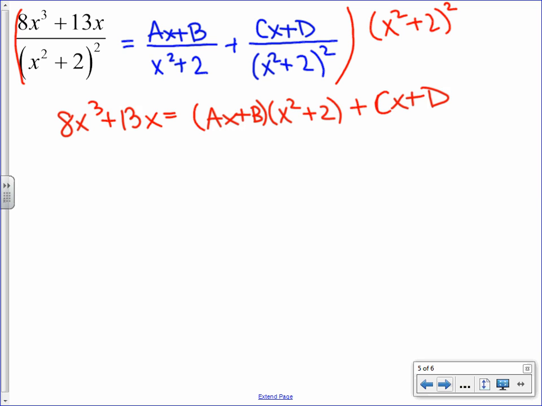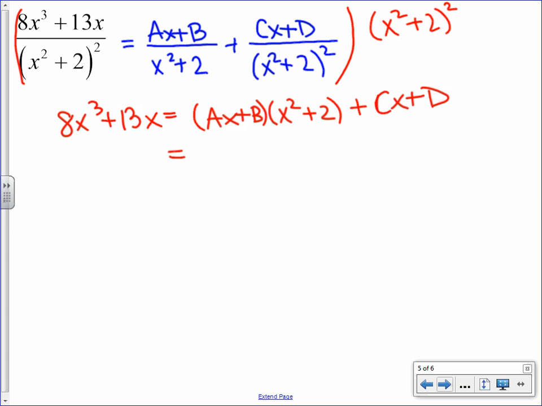Anytime you have quadratic factors, there is not a real number to make those factors 0, so you have to compare coefficients, is what I'll call it. Okay? So if we're going to compare coefficients, what do we need to do on the right side? We need to distribute so then we can compare our coefficients. Okay?